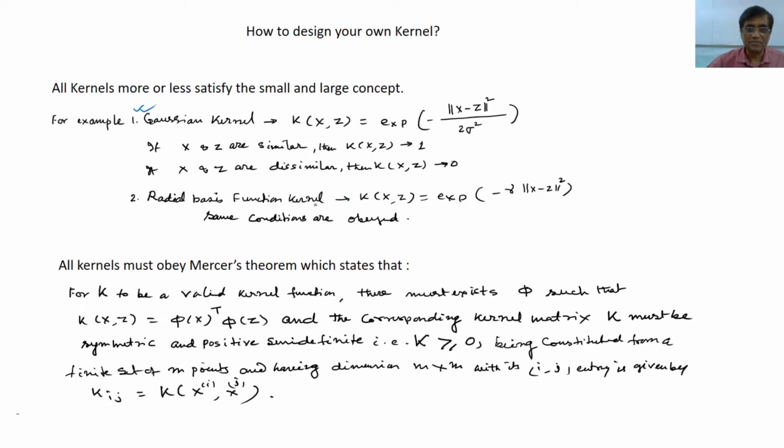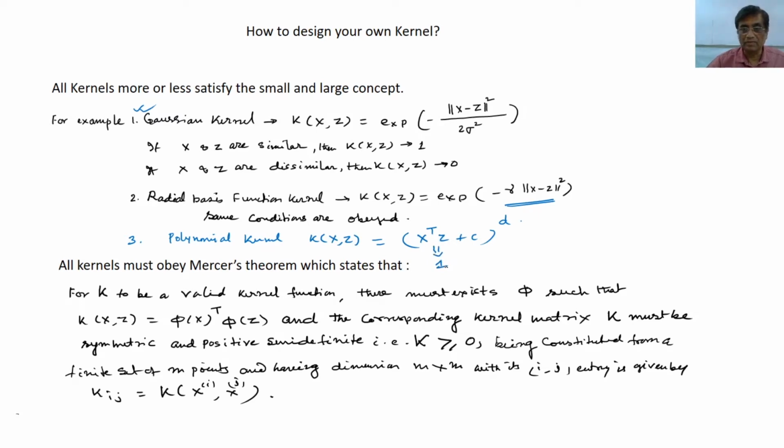Similarly, the radial basis function kernel also passes the test. Another kernel is the polynomial kernel, which also passes the test, that is k(x,z) equals to the dot product. If they are similar, the dot product will tend towards 1.